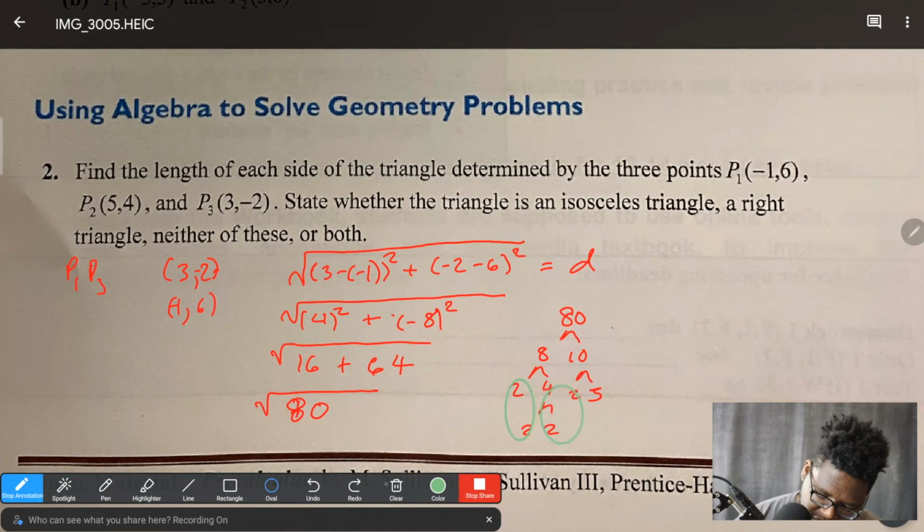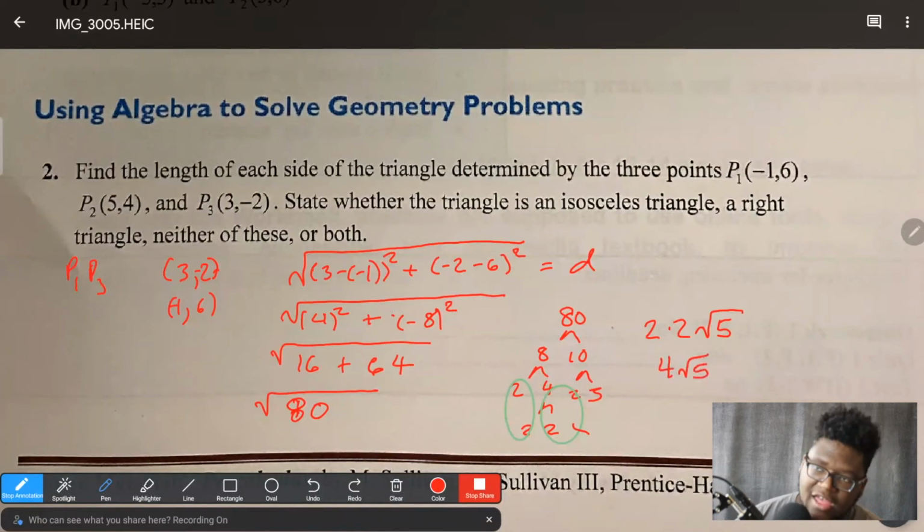You could bring both of those out of the radical. But remember, when you have a pair inside the radical, when you bring it out, they become 1. So these 2 become 1 outside the radical, these 2 become 1 outside the radical, and this 5 is left inside the radical. 2 times 2 is 4 root 5.